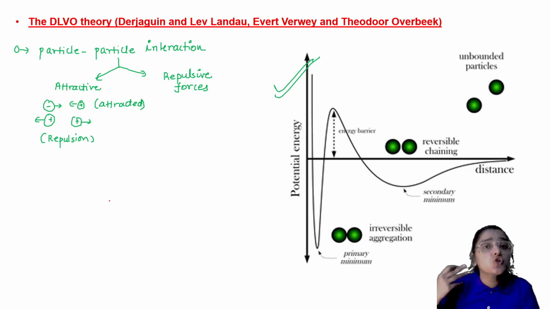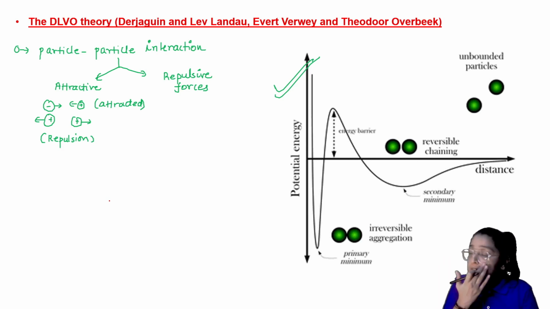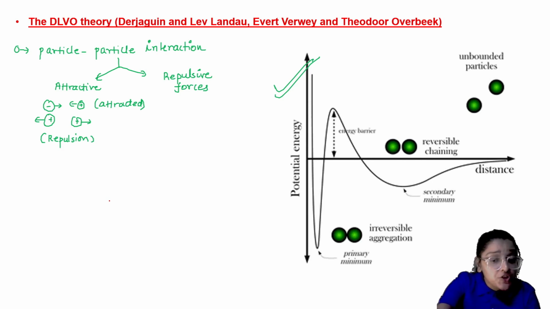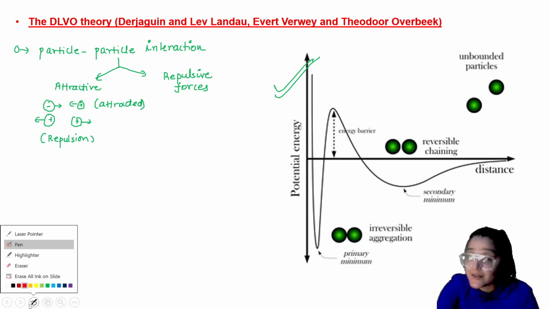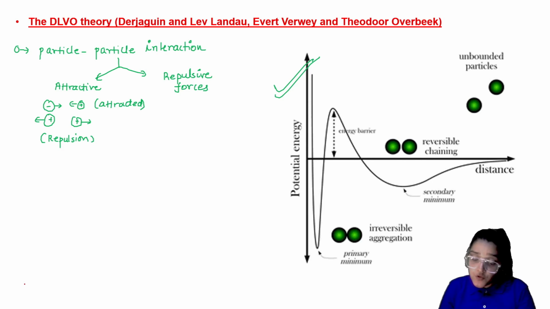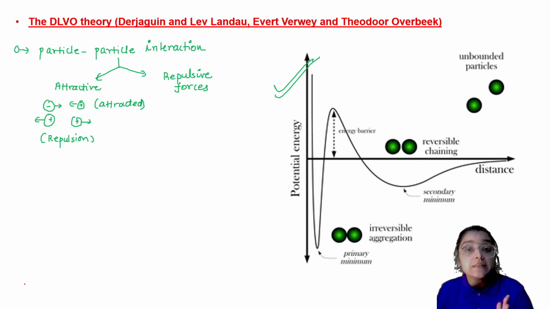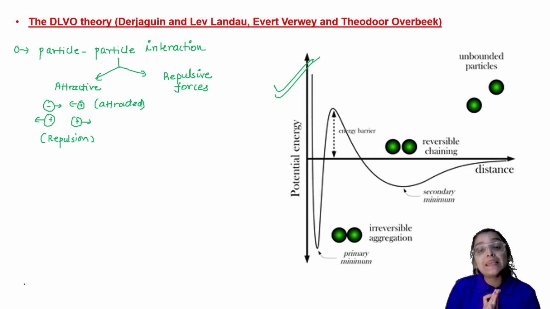During such collisions, particle interaction occurs, which might include repulsion and attraction between the molecules. What happens when the repulsion is more? When the repulsion is more, the particles tend to rebound after collision and they remain individually dispersed.